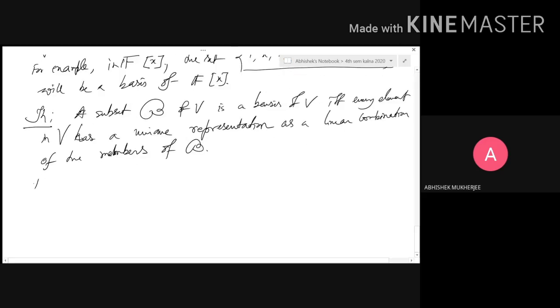So why is it true? Because the proof says that, let curly B be a basis of V, and let curly B equal to the set of vectors v1, v2, vn.